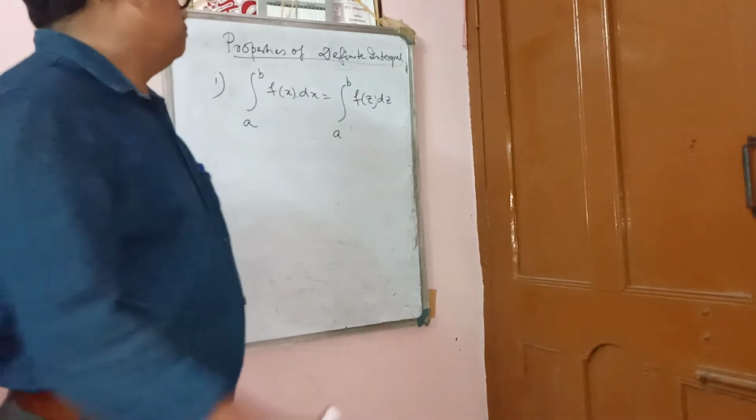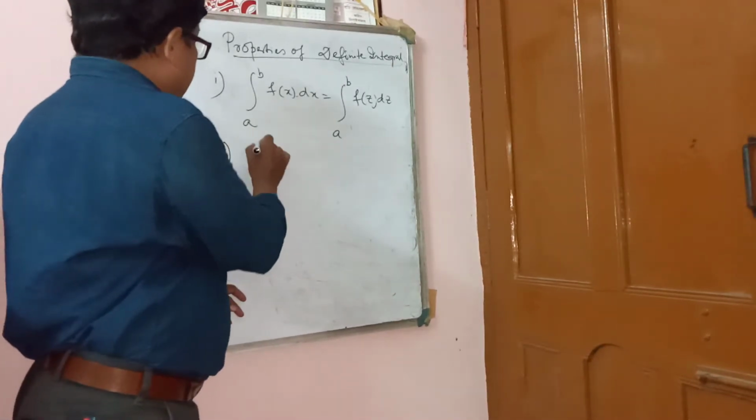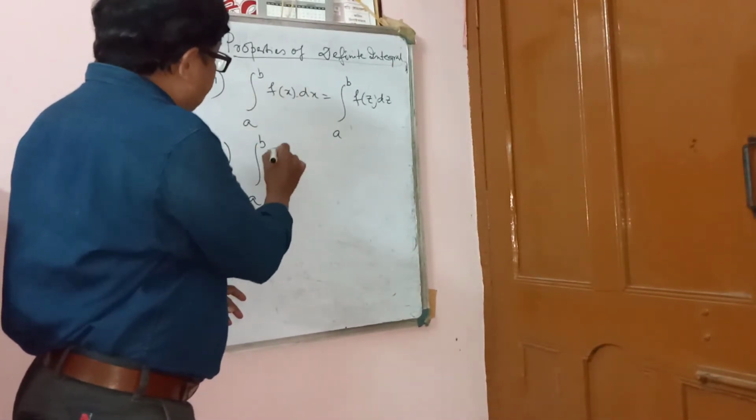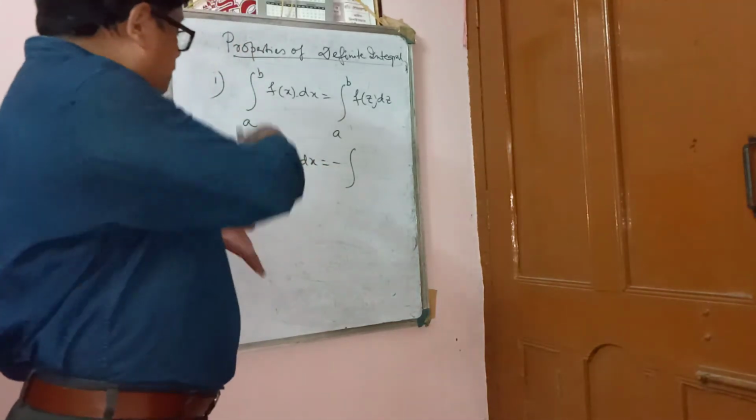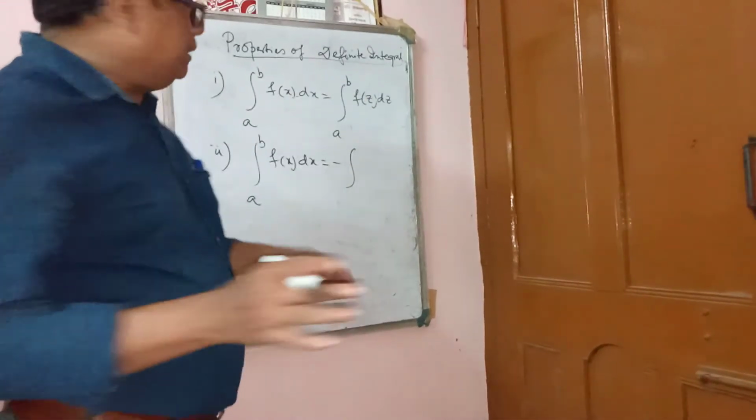Now number 2. Suppose a to b f of x dx, we can write a minus sign, and the limits will be changed.